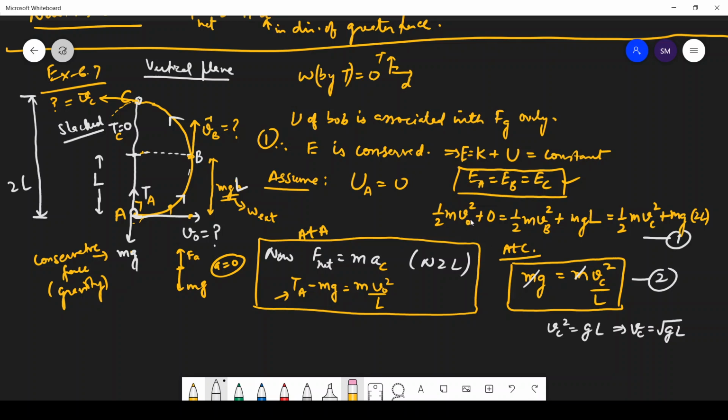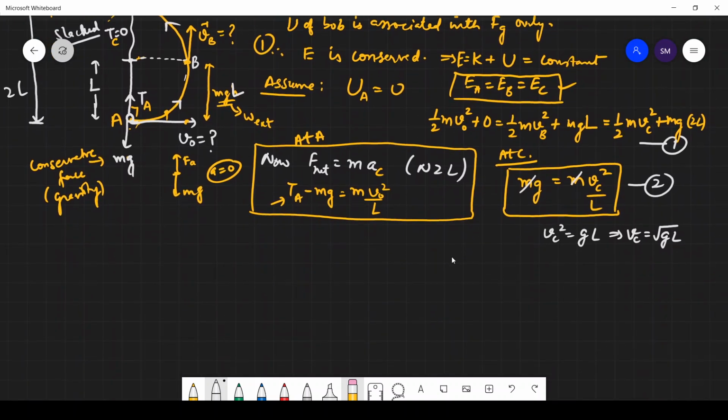Now what about va and vb? So put the value of vc over here, and then we can equate these two equations. We can find vb and put the value of vc here, and then equate these two expressions, and we can get V naught. Okay, so it's your choice which one you want to take first.